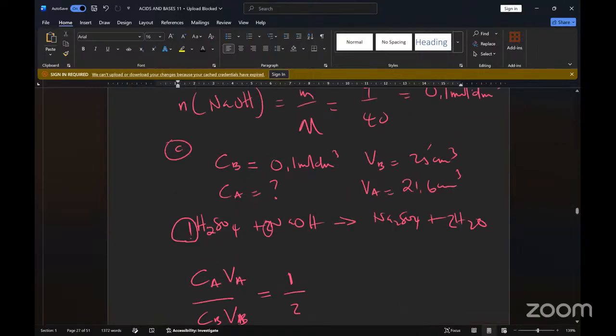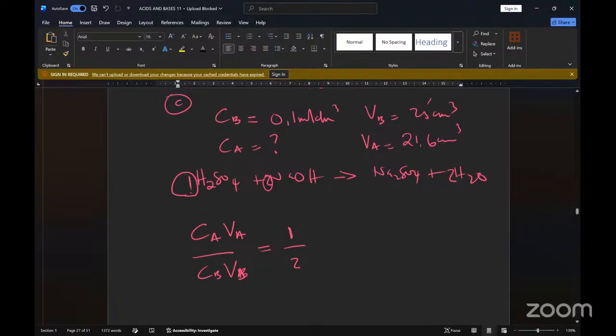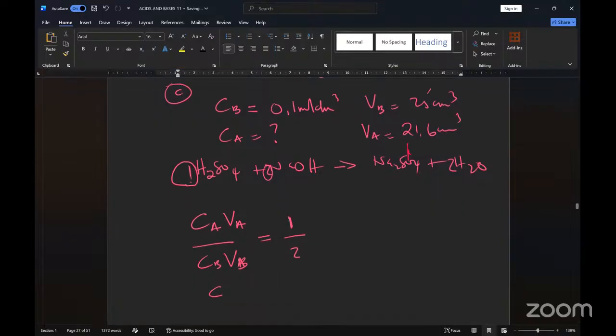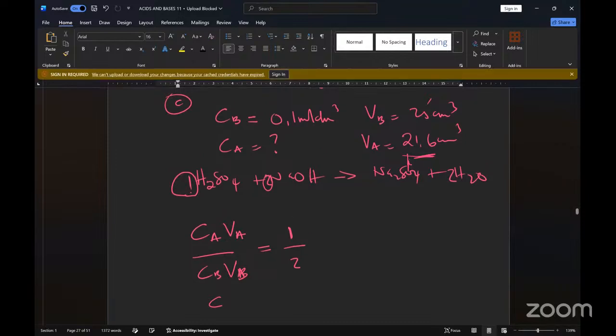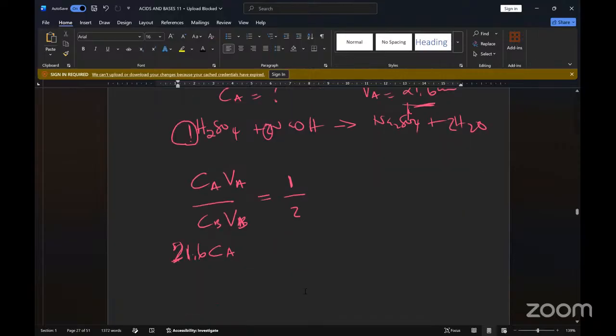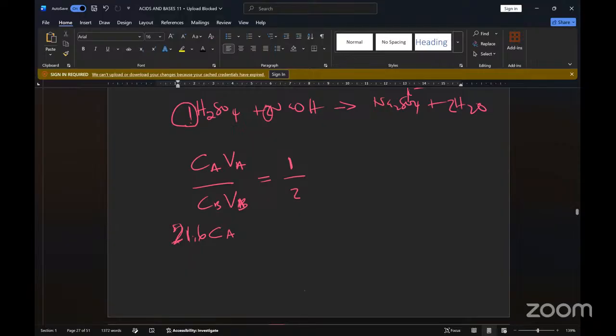So here we are going to substitute. The concentration of the acid we don't know, but the volume of the acid we got as 21,6. So 21,6 CA, divided by the concentration of the base.